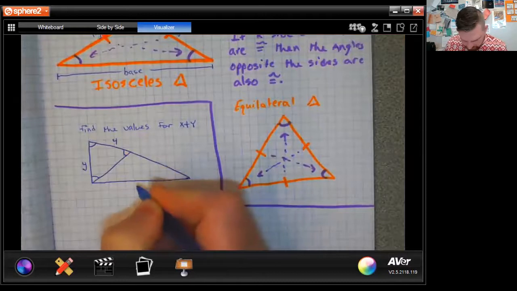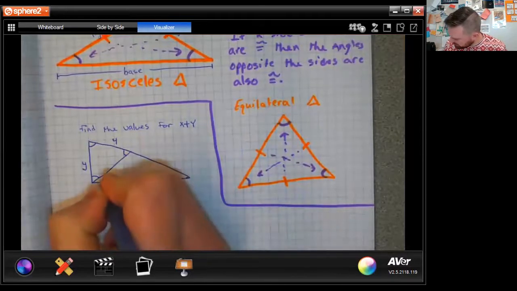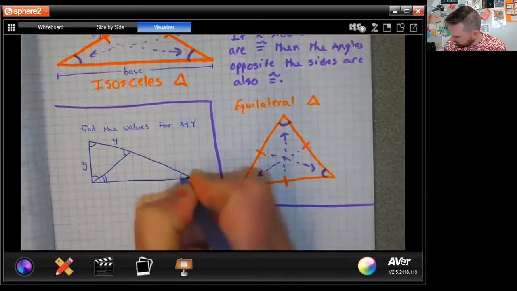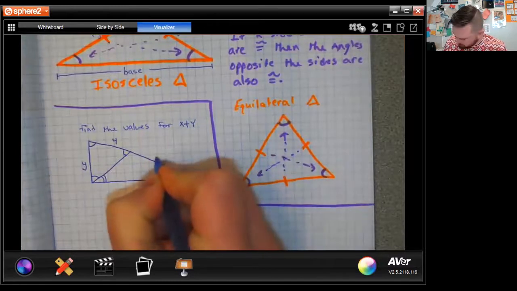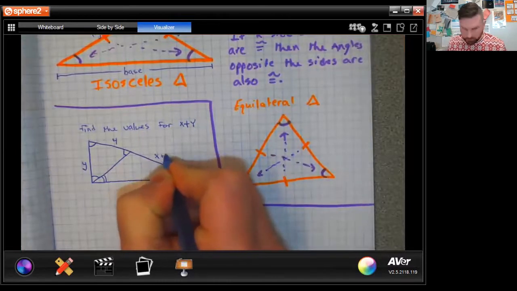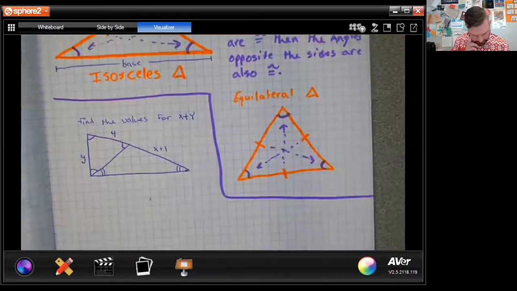And then in this one, we're given that this angle and this angle are the same. And this right here is X plus 1.